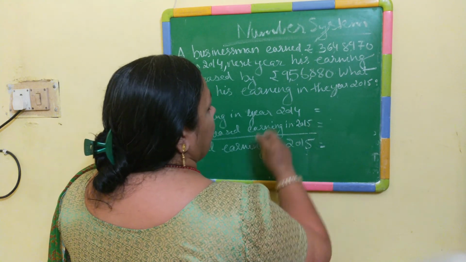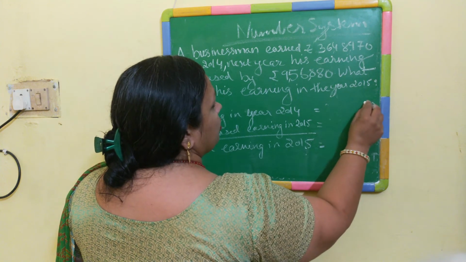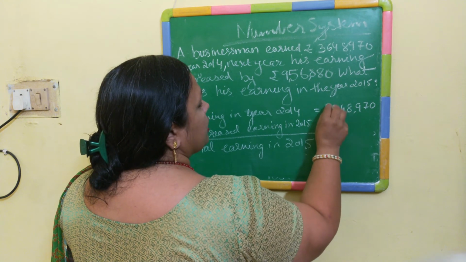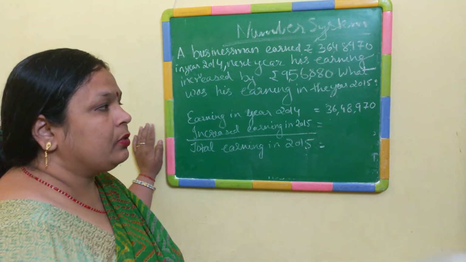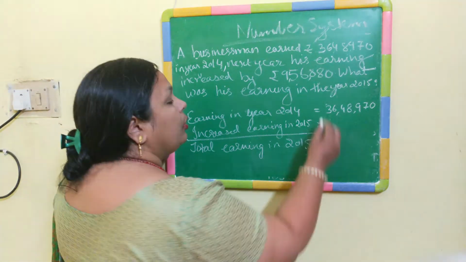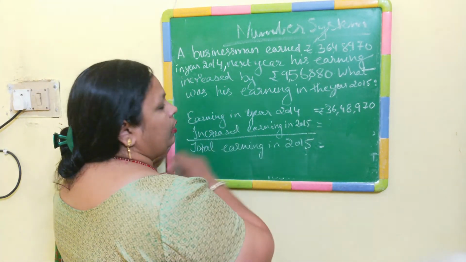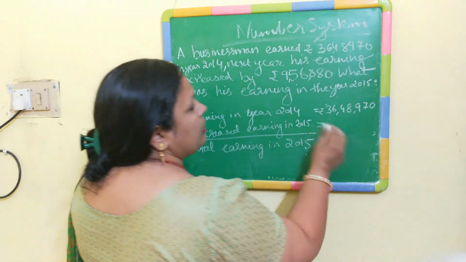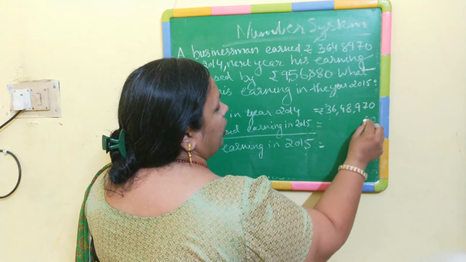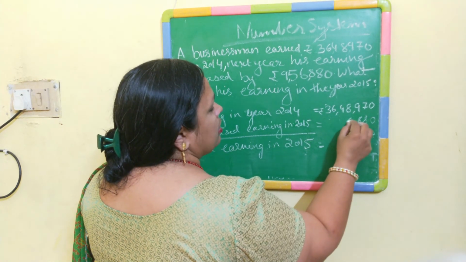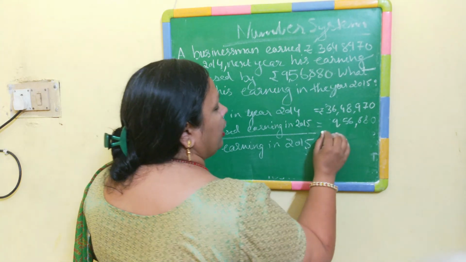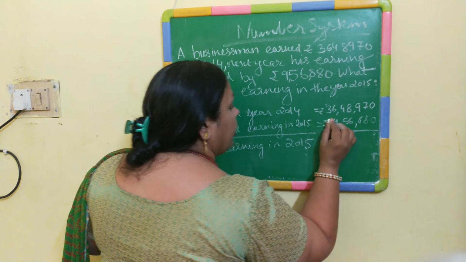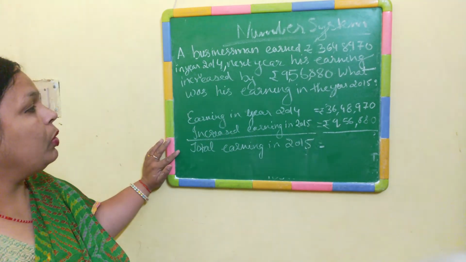So placing the values: 36,48,970 rupees in the year 2014. In the year 2015, it was increased by 9,56,880, which will be added to this, because he needs to find his earning.